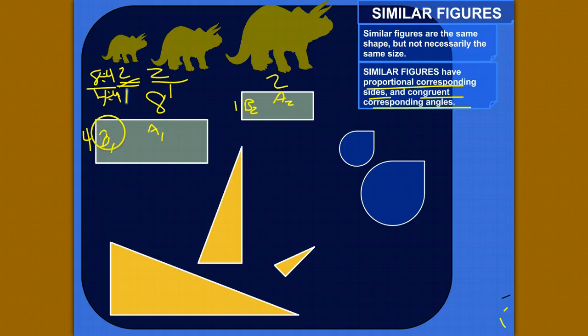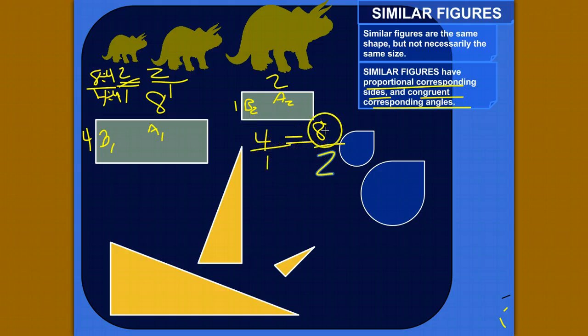You can also look at it as the ratio between B1 to B2 being proportional to the ratio of A1 to A2. So for example, B1 to B2 would be the ratio of 4 to 1, and the ratio of A1 to A2 is 8 to 2. Are these proportional? Do they basically mean the same thing?